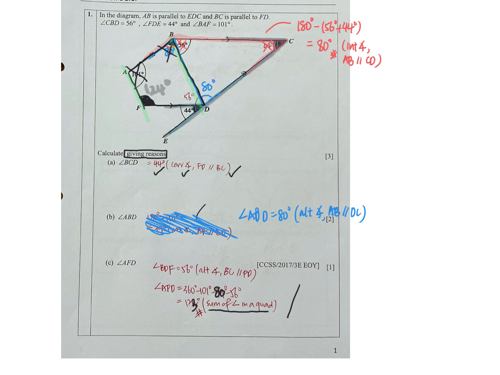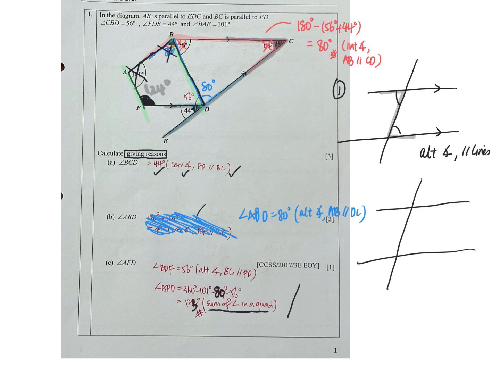Okay, so remember in this first question, what I want to recap is the three properties. One, if you see a letter Z, this is called alternate angles, parallel lines property 1. The next one, if you see the letter F, this is corresponding angles, parallel lines.